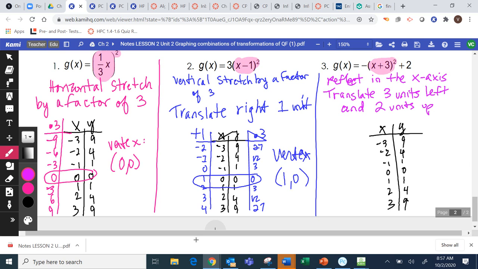So the 2's not highlighted, so it's vertical. The negative sign is not highlighted, so it is an up and down reflection. And then the +3 is highlighted, so we do the opposite. We do -3 on the x side.